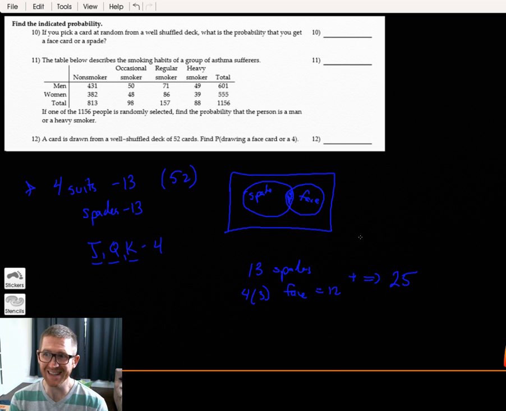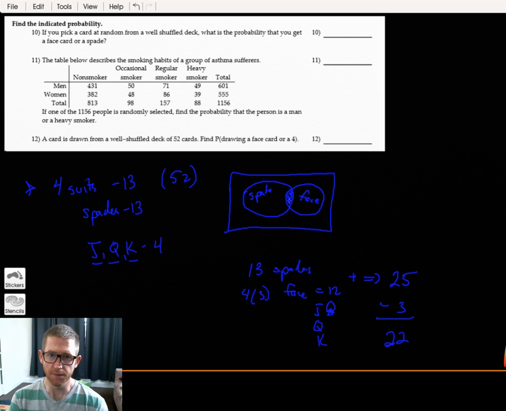That's actually not true, because out of these 13 spades, 3 of them are face cards: the jack of spades, the queen of spades, and the king of spades. So we need to subtract those 3 to get 22 successes total.